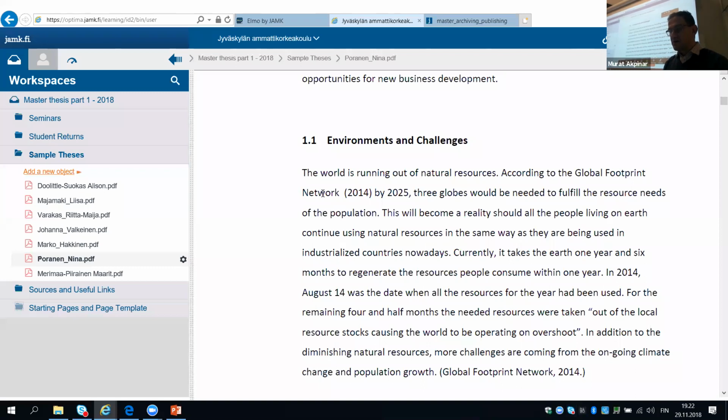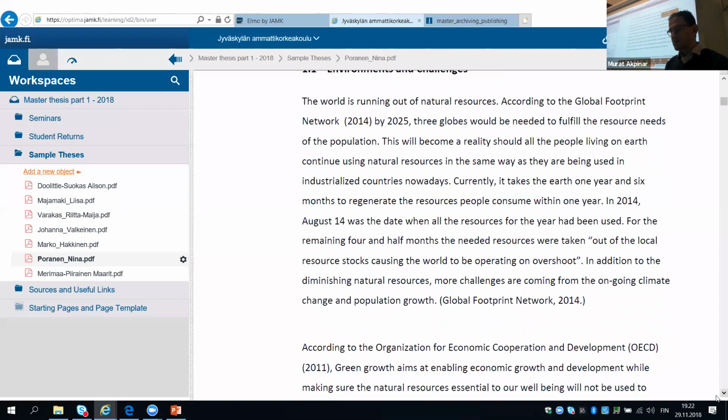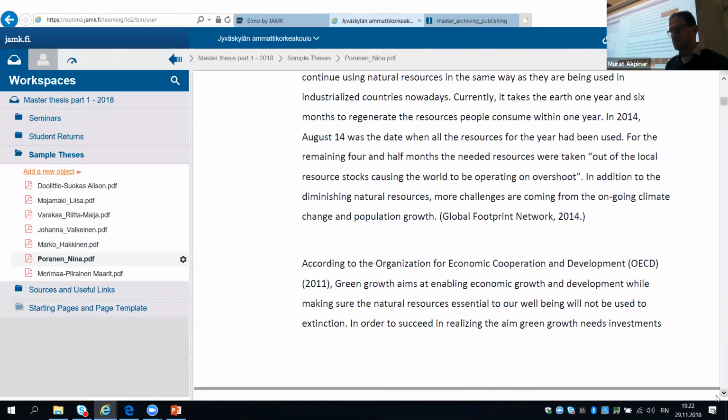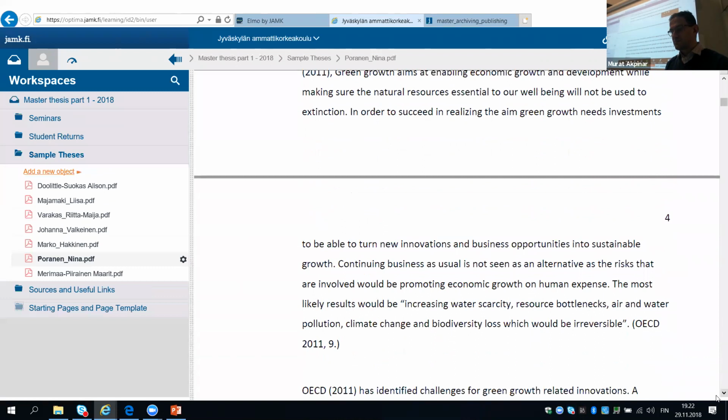And here, good thing, we start to see citations. So this is more general information. These are not academic citations.